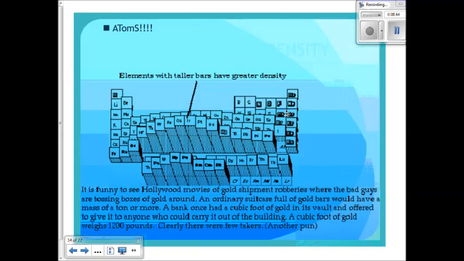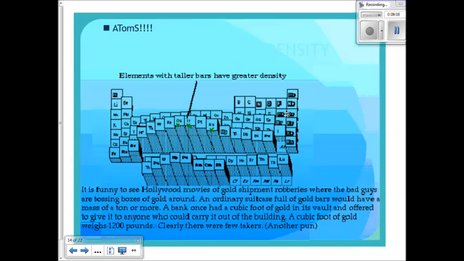However, this is what's kind of funny. If you're looking here, the bars are trying to represent how dense they are. Iridium is very dense, osmium is very dense, gold is very dense, and they try to portray that. Thieves would want to go to Fort Knox and steal the gold, or go to a bank and steal a bunch of gold.